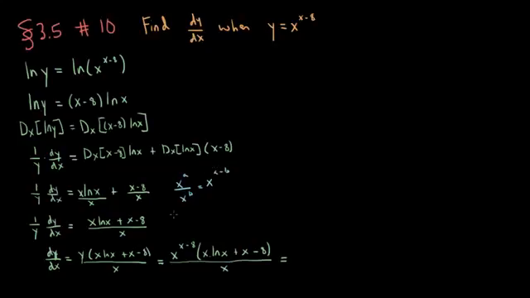So going back here, we can say this is x to the x minus 8 minus 1 power, otherwise known as x to the x minus 9 power times x natural log of x plus x minus 8. And there we are. There is our final derivative.